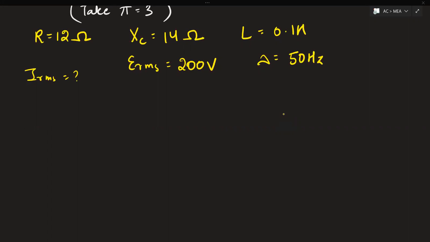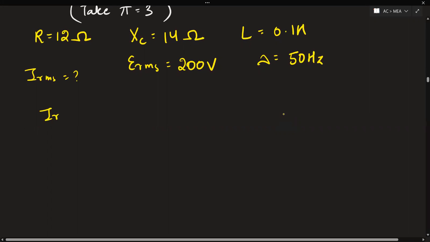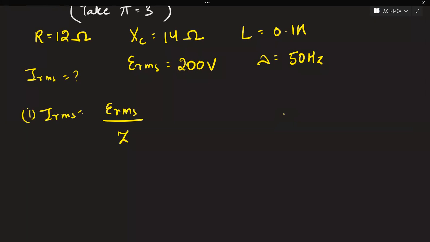Now IRMS is there. So IRMS will be equal to what? It will be equal to ERMS divided by the net resistance, and we have a specific term for the net resistance, that is impedance. Now XL is unknown. Let's calculate XL also. So yes, Salman, what was the formula of XL, the inductive reactance?